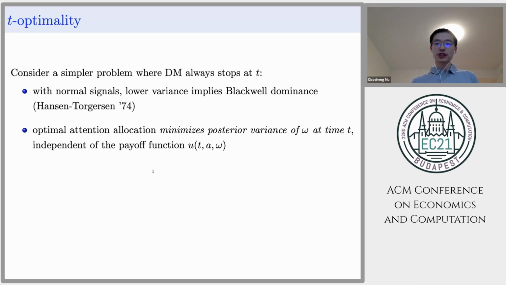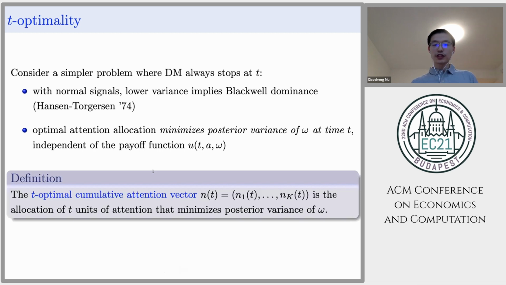So for fixed decision time t, the optimal way to allocate attention will minimize the posterior variance of the state at that decision time. And this is independent of the payoff function. So this motivates us to define the so-called t-optimal attention vector, which is the optimal allocation of t units of attention that would minimize the posterior variance.